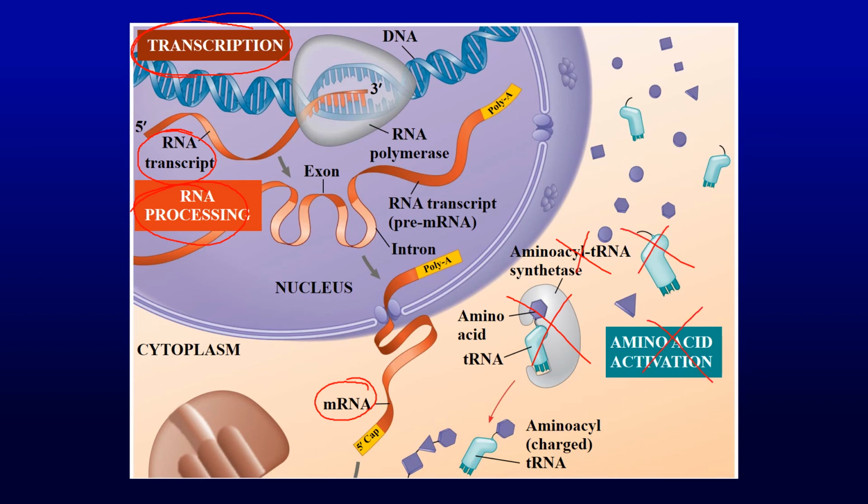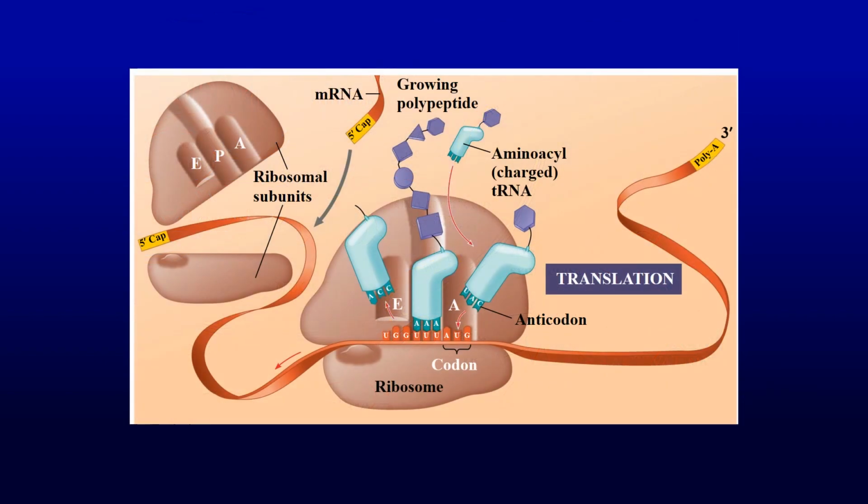The amino acid activation, don't worry about it. What I want you to know is that there are transfer RNA molecules with amino acids attached to them. Okay, so messenger RNA now comes and joins to a small subunit, and then the large subunit joins, and then we get this big translation complex.